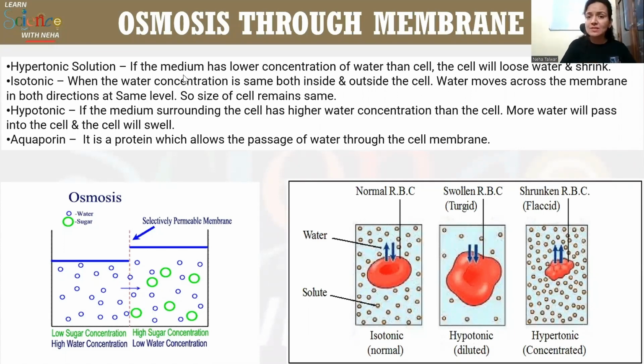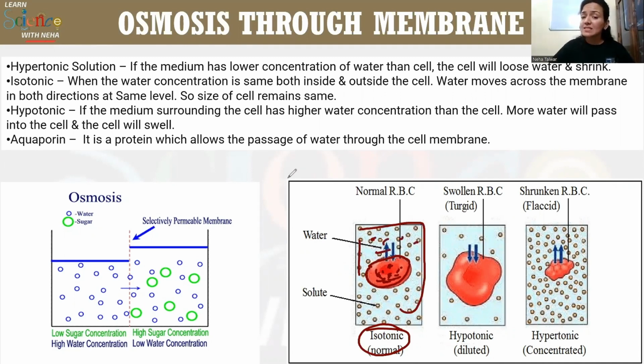Osmosis occurs in three types of solution. Number 1 is isotonic solution. Solution means solute and solvent. I have taken a red color potato here. The potato inside also has liquid and salt, and outside I have put it in a medium which has water and salt.